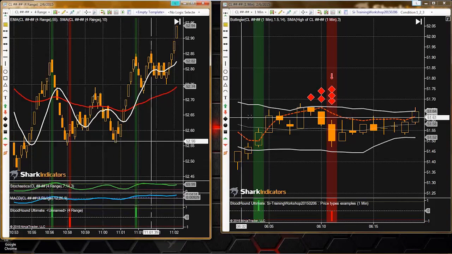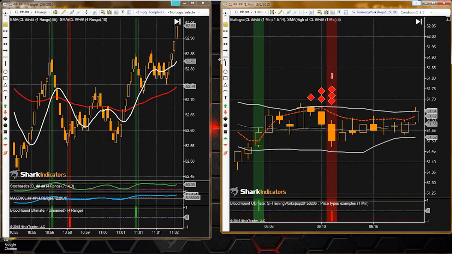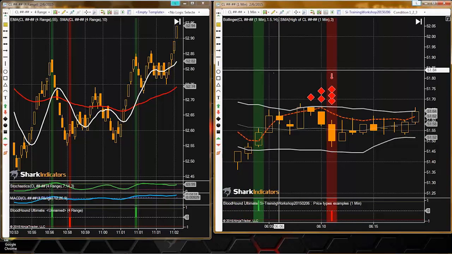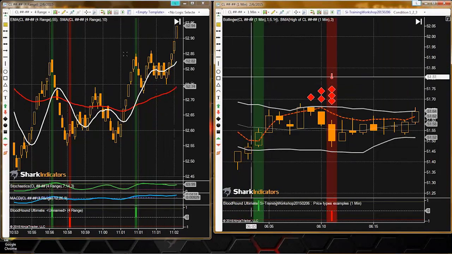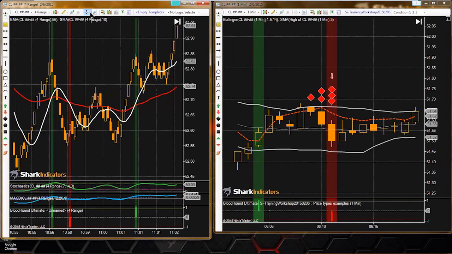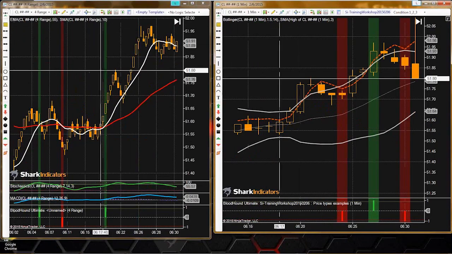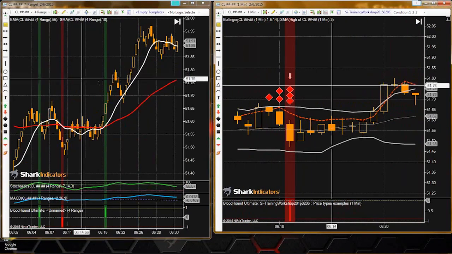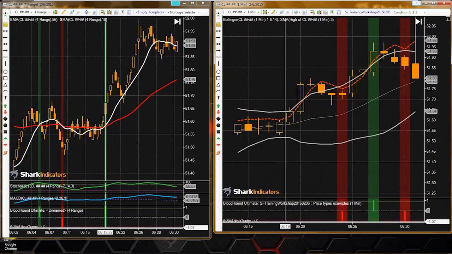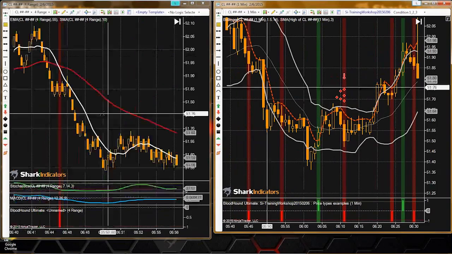Pretty straightforward. So let's build the same condition on our 1 minute chart here. And I'm going to set my crosshairs to global so that we can get our charts to line up. So here's the area we're working in. Let me shrink up the 1 minute chart a little bit.